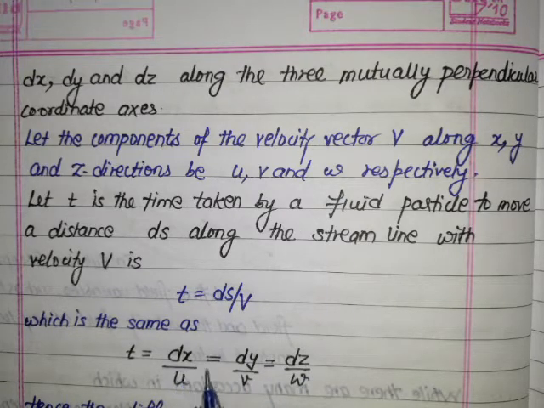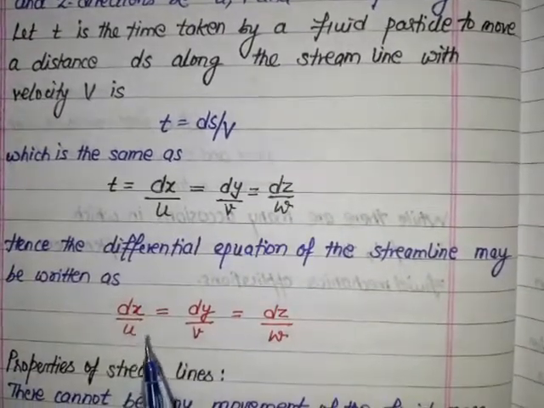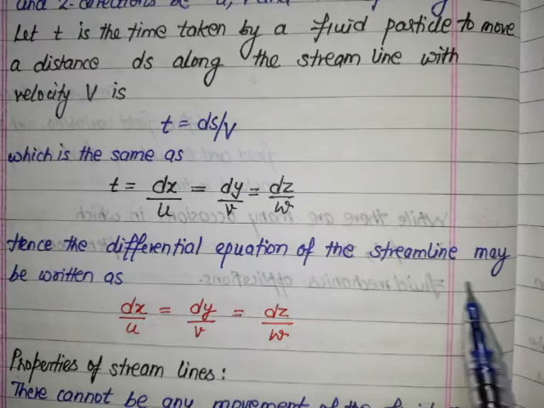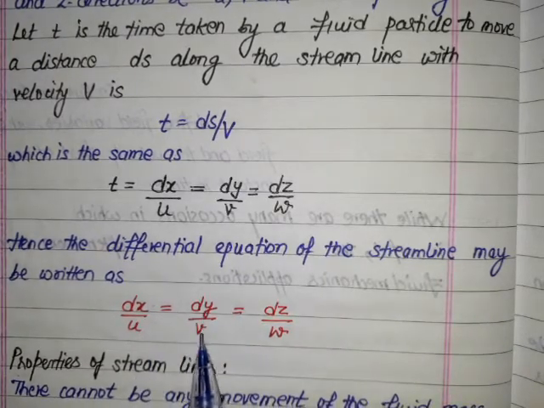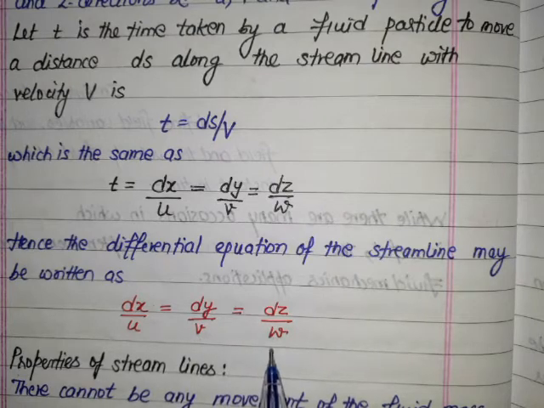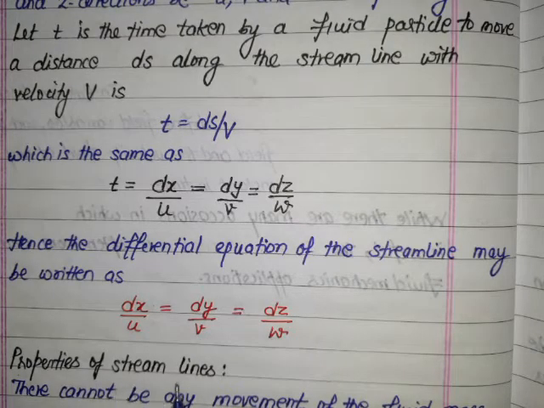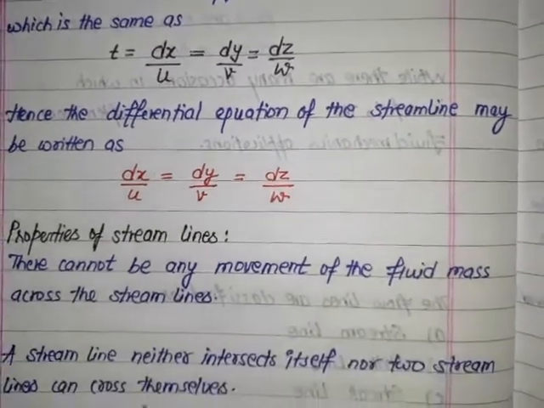This is in the x direction, this is in the y direction, this is in the z direction. So this equation is for a streamline in three-dimensional flow. The differential equation of the streamline may be written as dx upon u equal to dy upon v equal to dz upon w.